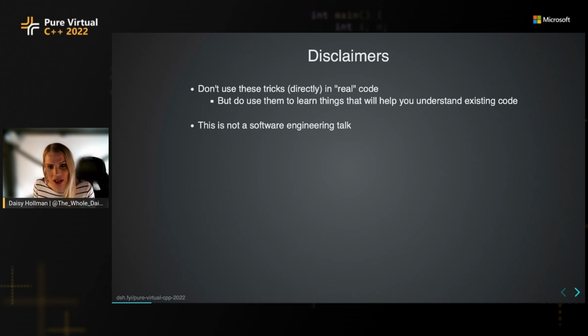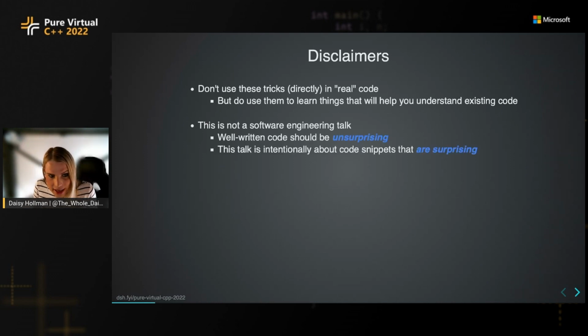This is not a software engineering talk. This talk is about surprising snippets of code, and well-written code should be unsurprising. And the definition of unsurprising can definitely depend on your audience. I've presented some of these before and had people say, oh yeah, I use that one all the time. And that's because they're writing for an audience where that code is unsurprising, right?